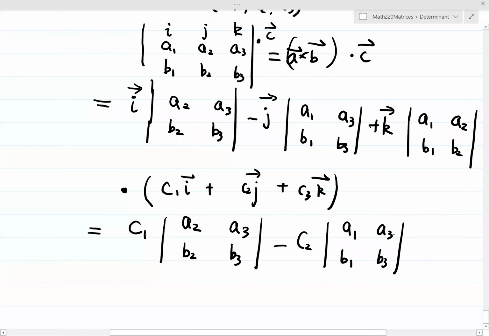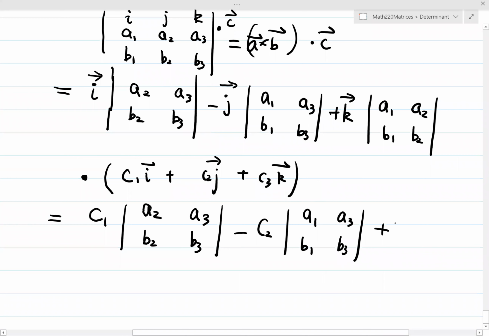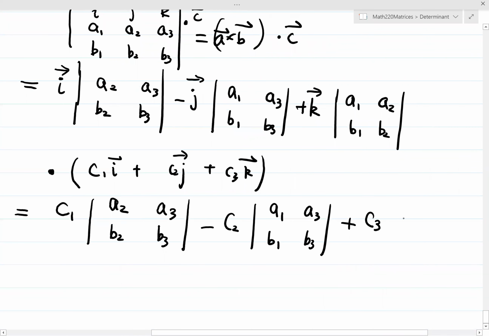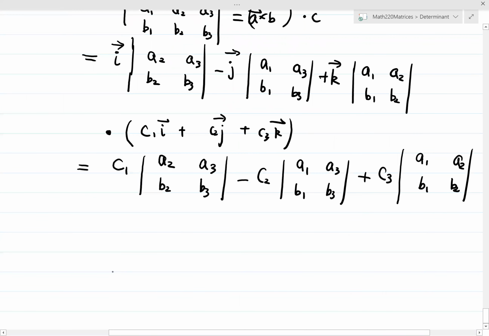Now for K dot K, we get 1, with coefficient C3, times the determinant of A1, A2, B1, B2. Now this is actually the definition. C1, C2, C3 play the role of I, J, K, so this will be the determinant with rows C1, C2, C3; A1, A2, A3; B1, B2, B3.